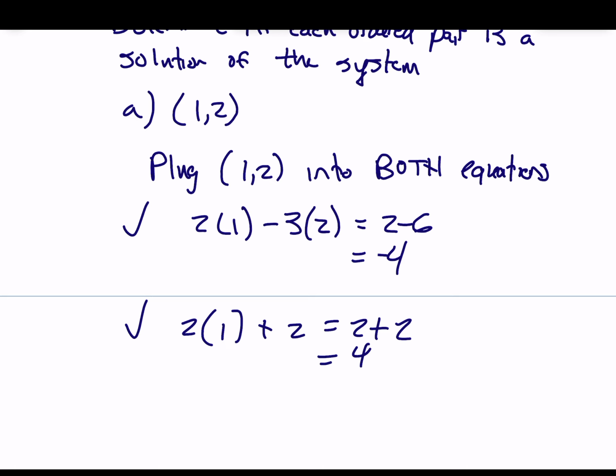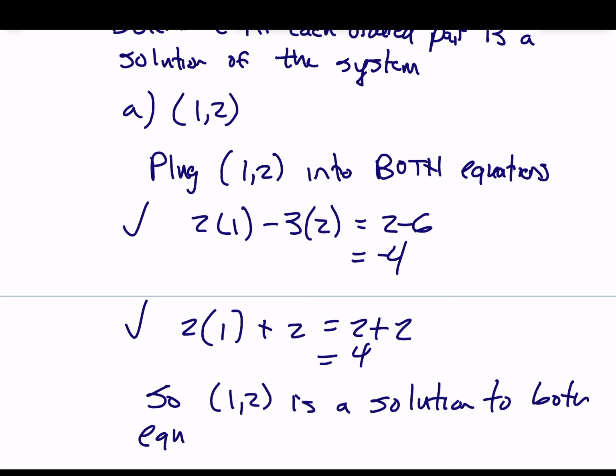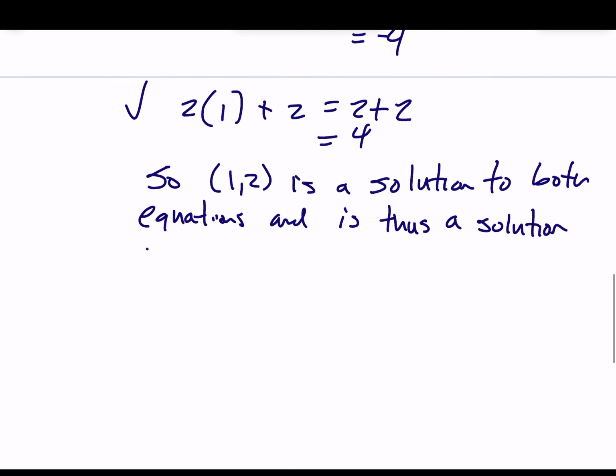Since that point is true in both equations, we know that it is a solution to the system. So (1, 2) is a solution to both equations, and is thus a solution to the system.